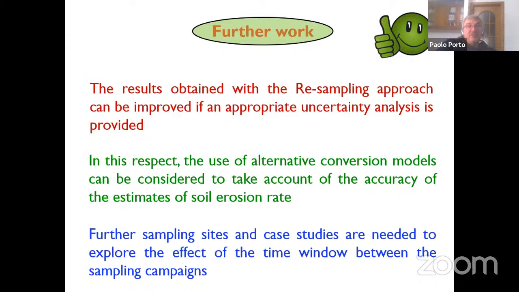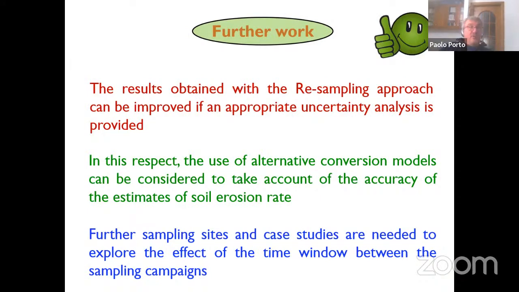Even if it has a shorter half-life, only 22 years instead of 30 like cesium, its fallout is continuous, so its amount is in general much higher than cesium. And so you can use that radio tracer to investigate soil erosion.